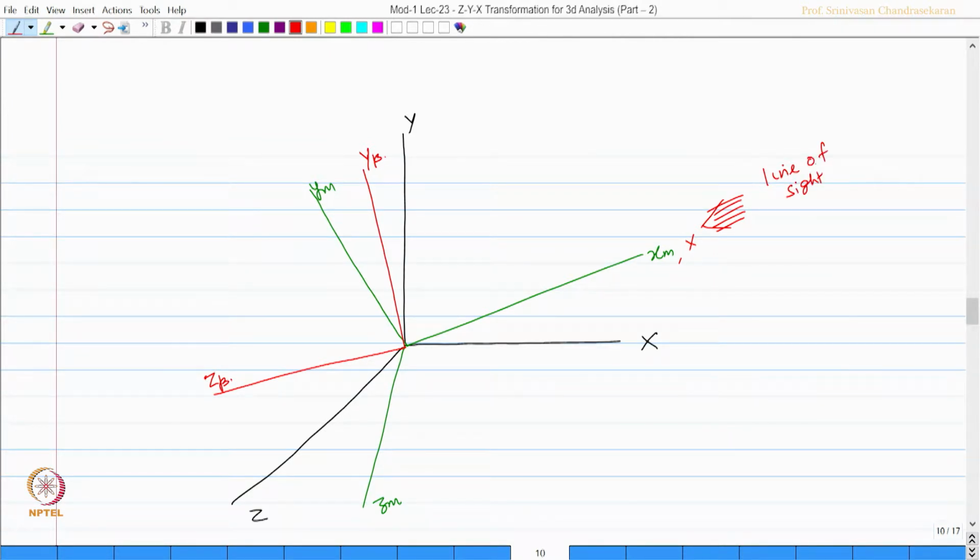I see this from here, where the member is placed somewhere here. This is my jth end, my kth end, this is my member.